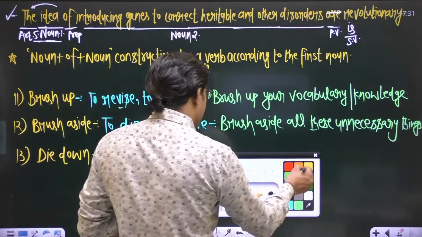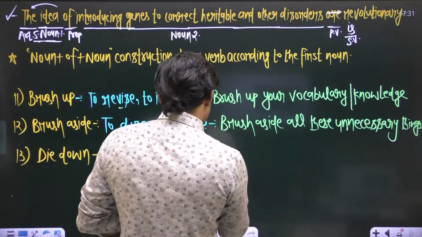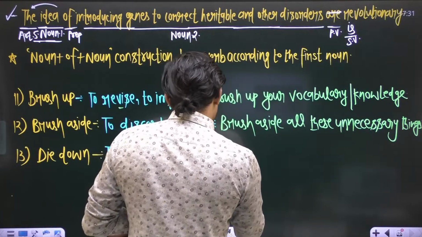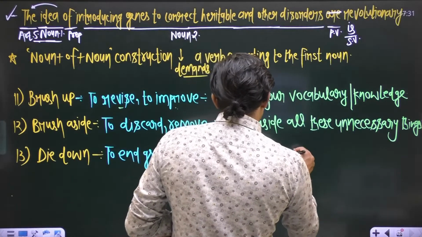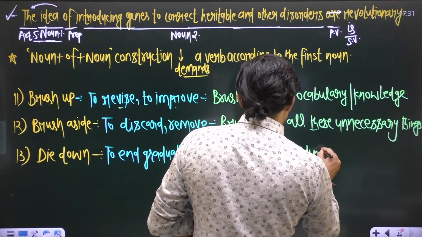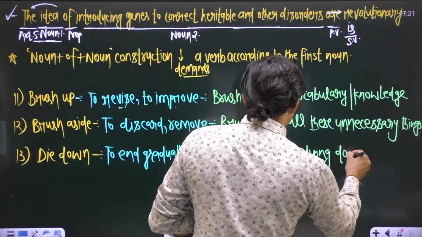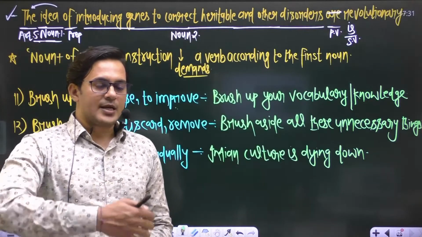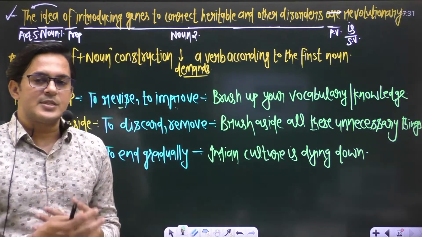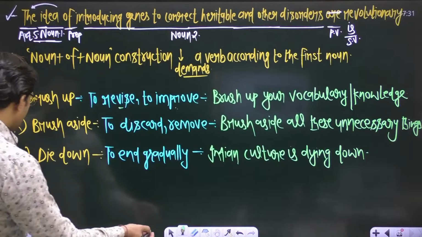For example, if I say Indian culture is dying down, this is also a fact. Indian culture is dying down means it is ending gradually. Okay.